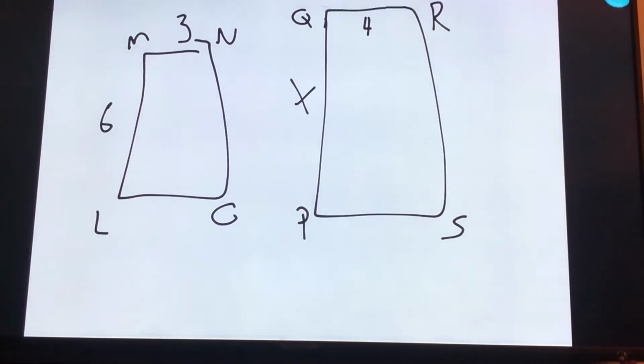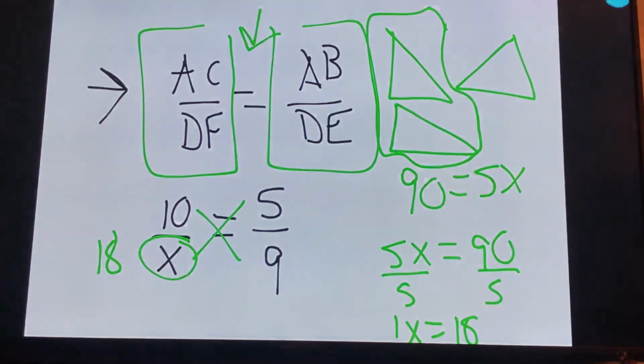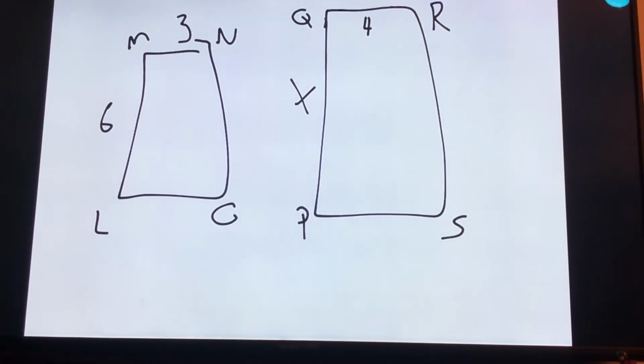4 and X. Alright, so we need to set up the same formula like we did back here on our previous one, if you will. Even though it's a different shape, we want to try to make it look exactly the same. So we know MN and ML, right?